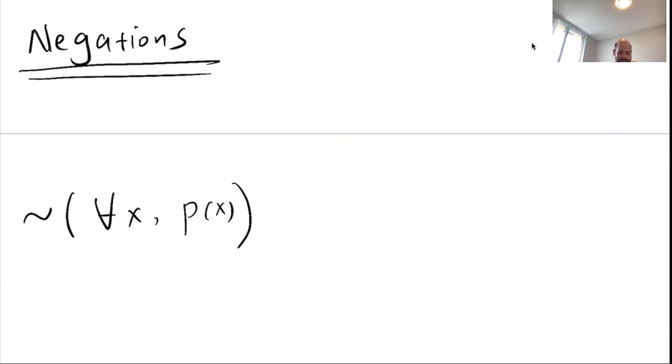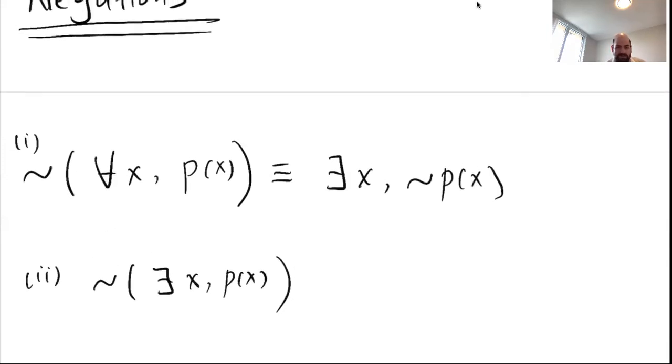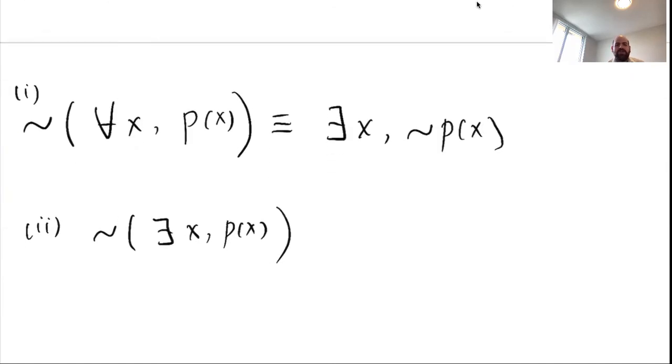So similarly, the negation of there exists X with P of X. Again, think about it. When can I say that it's not the case that there exists a student in our Math 120 class whose GPA is more than 3.6?